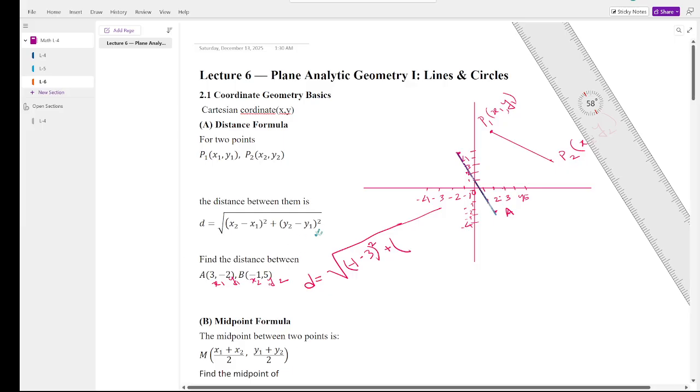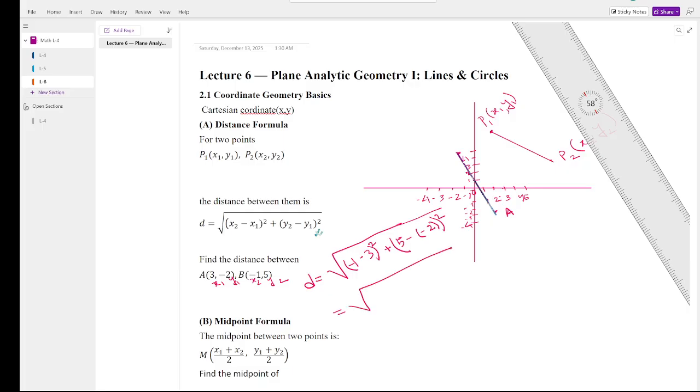Where is y2? y2 is 5, minus y1, y1 is minus 2, whole square. Here is minus 4 whole square plus 7 square.